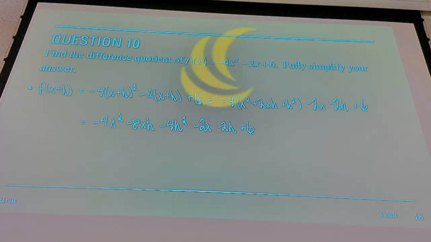Yeah. I would agree that's not fully simplified. Take what you just found. Subtract from it f of x and fully simplify.